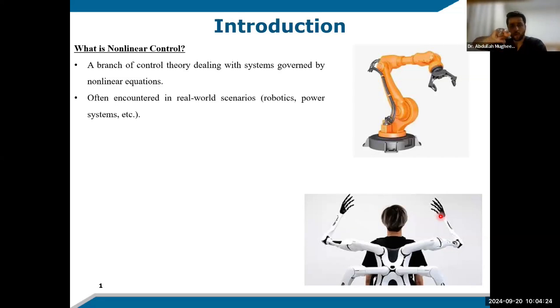You just rotate that potentiometer and the speaker's volume will increase. You rotate it anti-clockwise, it will decrease. You rotate it clockwise, the volume will increase. So this is an example of a linear system. The task is very simple and you can predict. If I were to ask what will happen if you rotate it clockwise, you would say the volume will increase. You can predict it because it's a linear system.